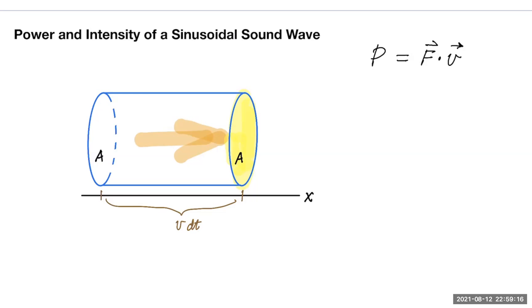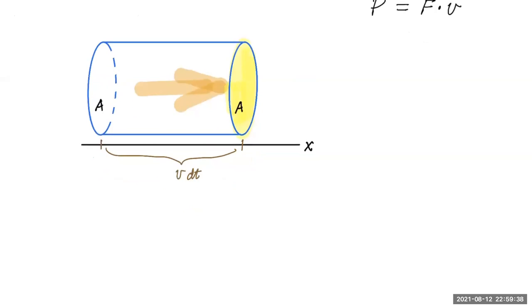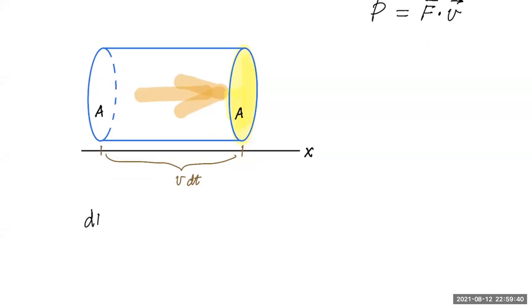Okay, so in order to make its way over this area, you have to be within the cylinder of height v dt, v being the speed of the wave. Question is, how much energy is within the cylinder? Let's say this much energy is dE. Looking for dE.